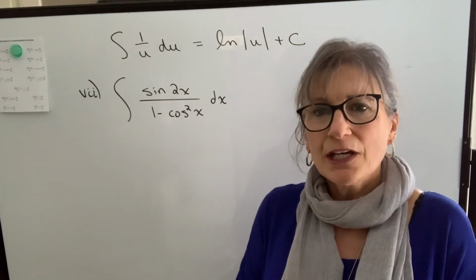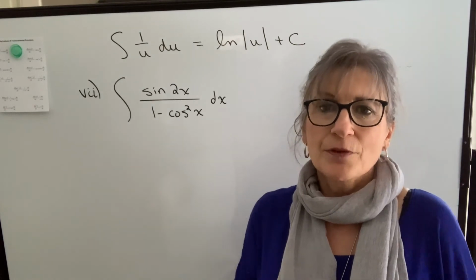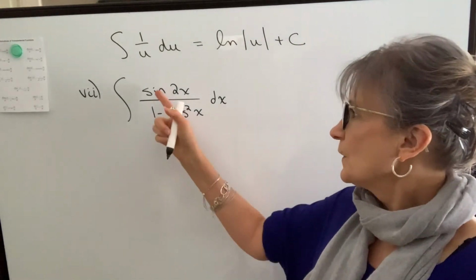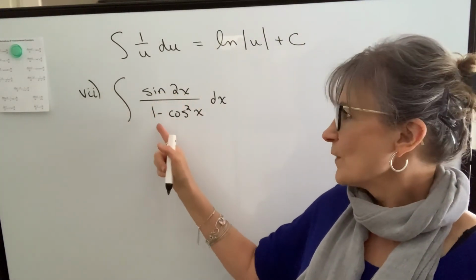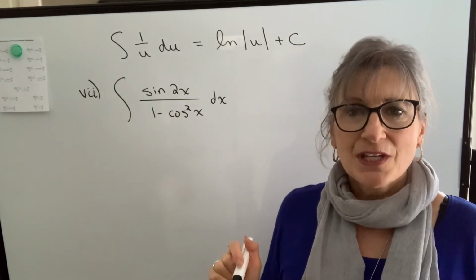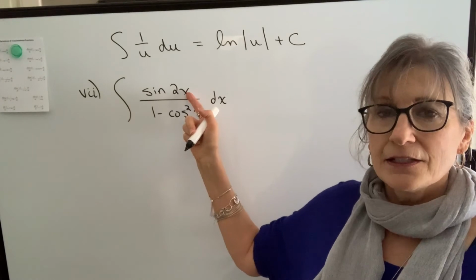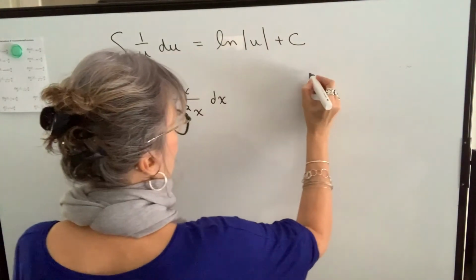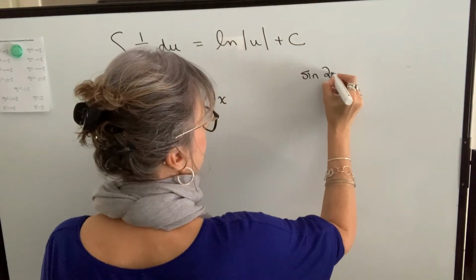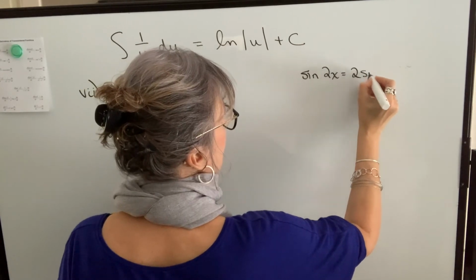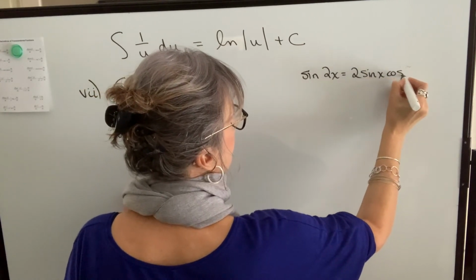So one thing you can do is use your identities right off the bat to replace both sine of 2x as well as 1 minus cos squared x. So if you look up your double angle identity for sine of 2x, it's equal to 2 sine x cos x.